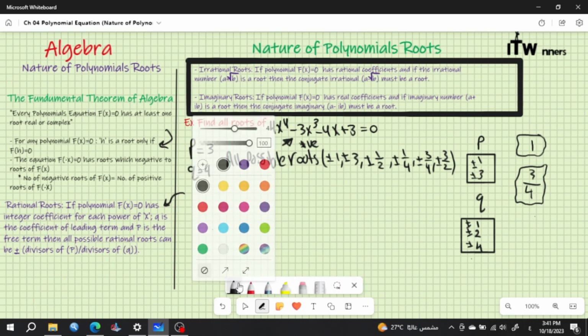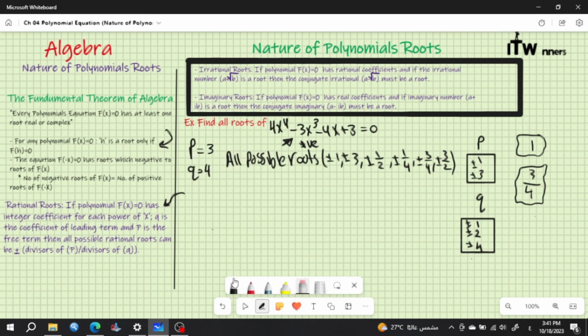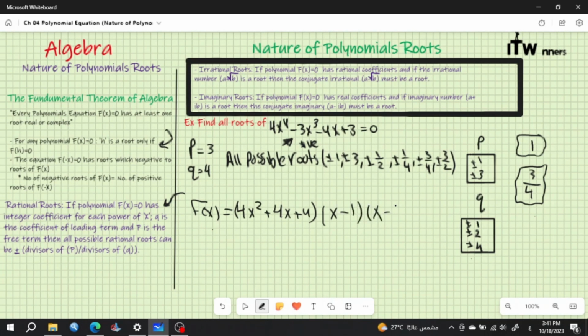Okay. We have here f of x equal to 4x squared plus 4x plus 4 into x minus 1 x minus 3 by 4.